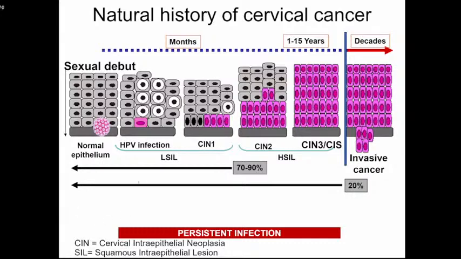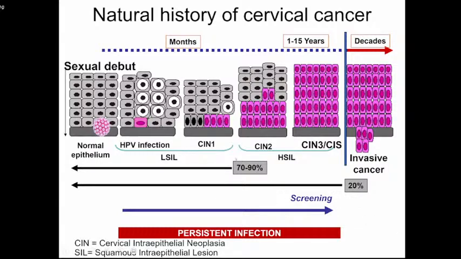And it's this period between infection and carcinoma in situ that's the period you want to screen so that you can intervene. You can treat the patient so that she doesn't progress into invasive cancer. The majority of those women who progress to invasive cancer are the ones who've never had a pap smear or screening in their lifetime.